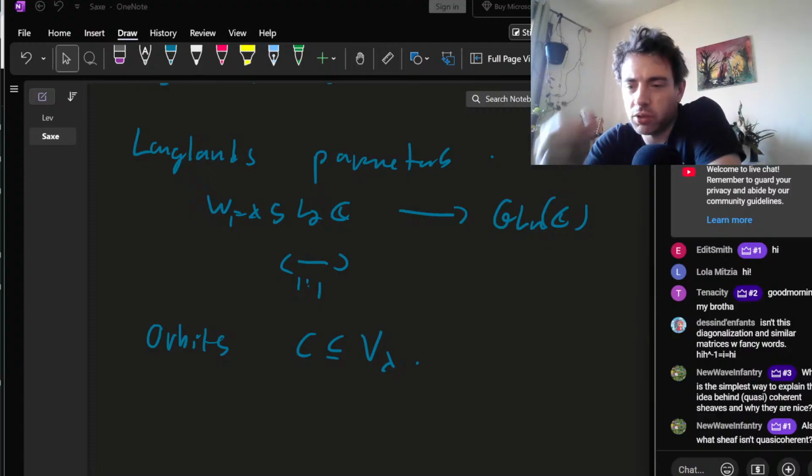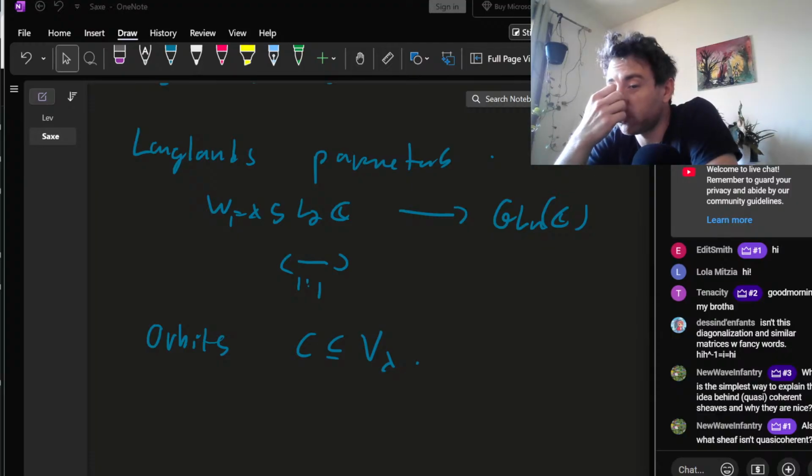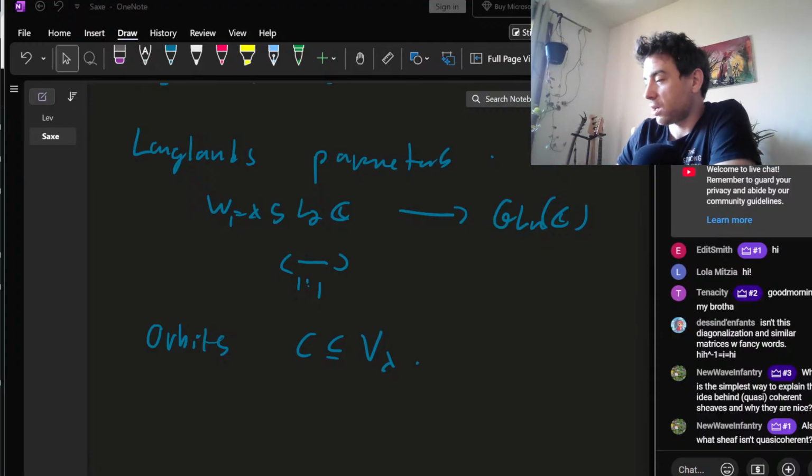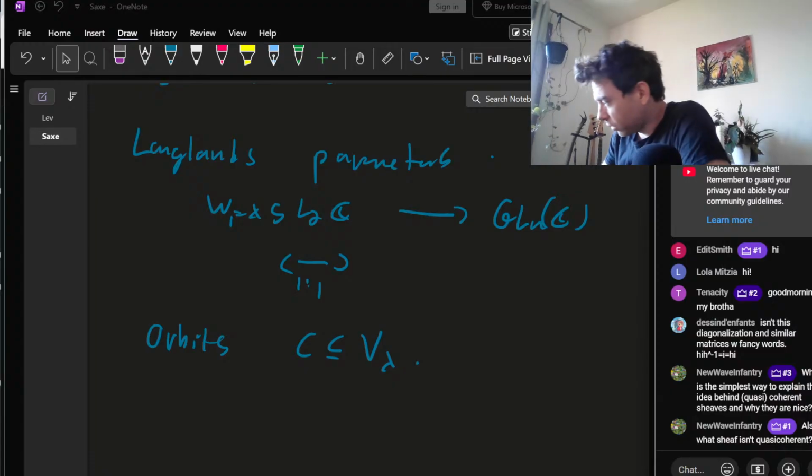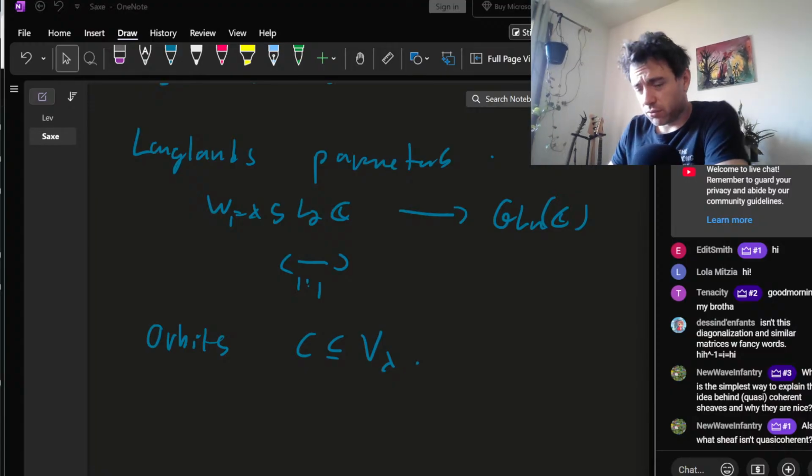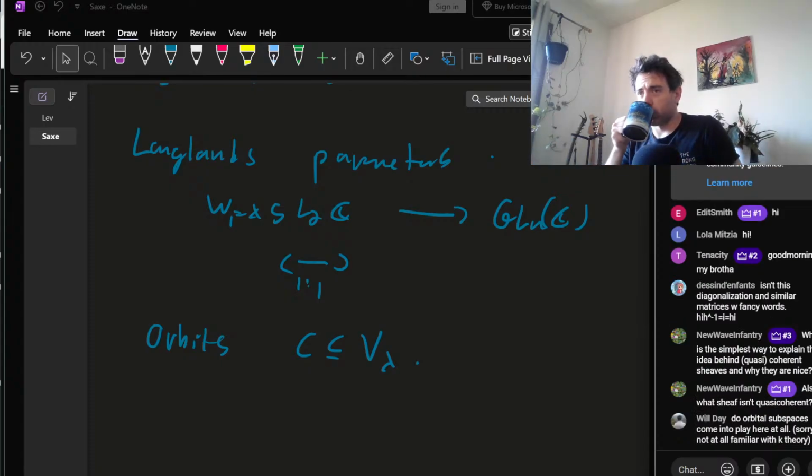What is the simplest way to explain the idea behind quasi-coherent sheaves, and why are they nice? Well, that kind of depends on your idea of easy.